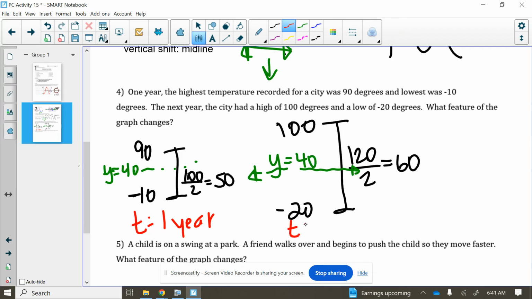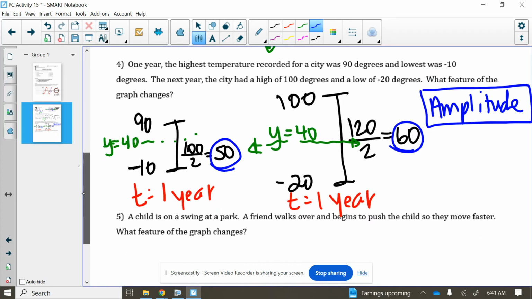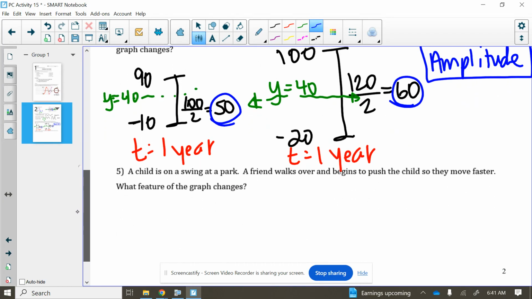Time that we are analyzing is still over the course of 1 year. So the feature that changed this time is our amplitude. And the reason being, we stretched our graph, our max and our min, out, so now we're increasing that amplitude for that second year of data.